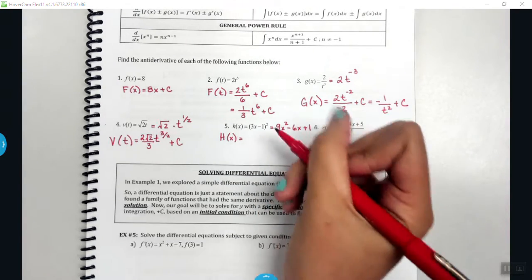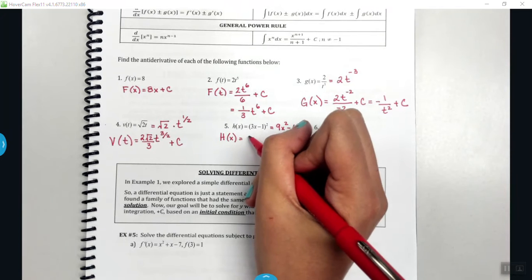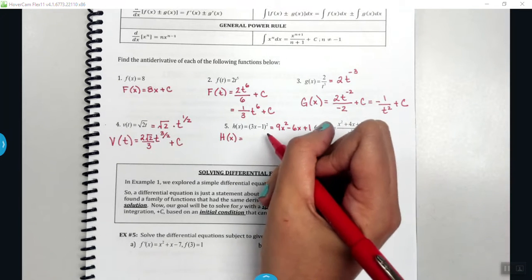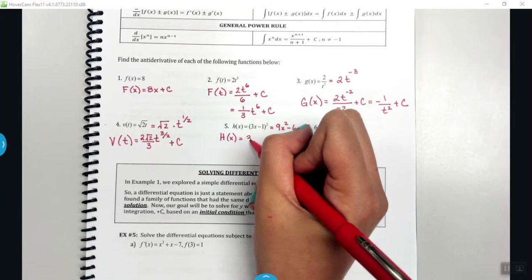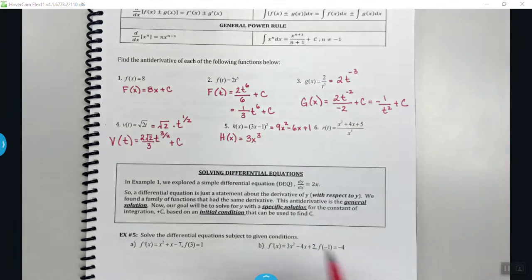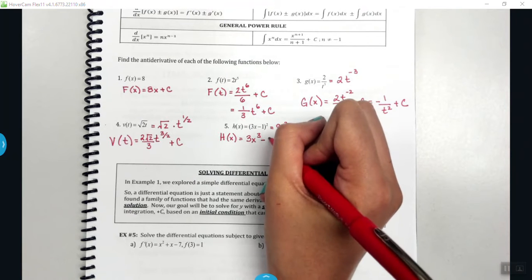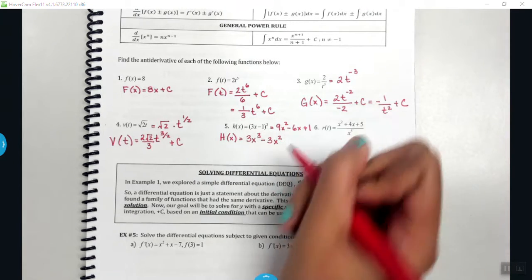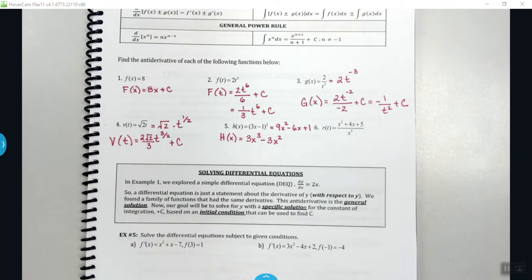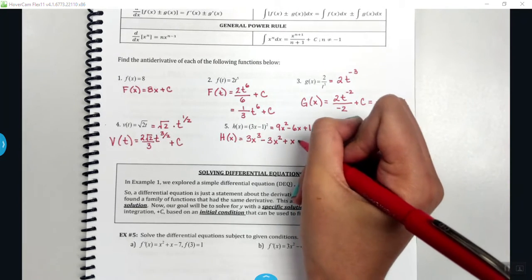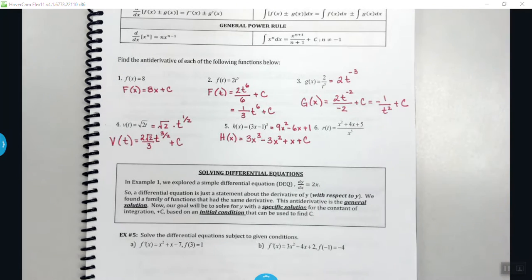What would it be, guys? 9x cubed over 3, 3x cubed. 6x squared over 2, so minus 3x squared. Yeah? And then what else? Plus x plus c. Cool.